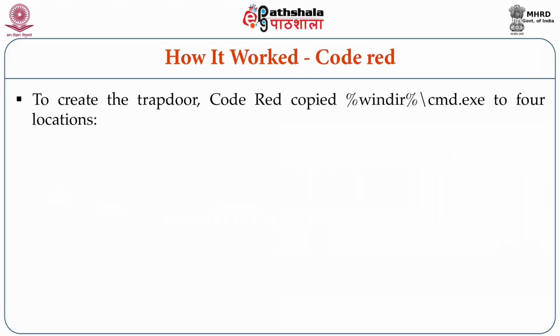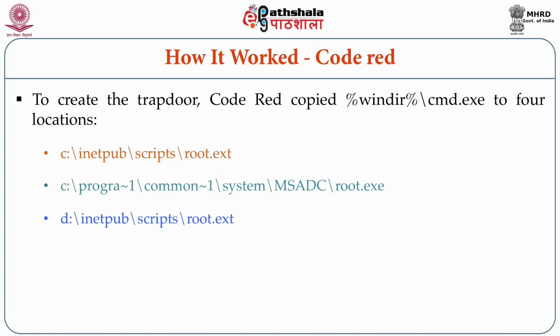In later versions of the worm, to create a trapdoor, Code Red copied %windir%, the variable that gives the path of the Windows directory, and cmd.exe to four locations. The locations are inetpub, program files, inetpub, program files.